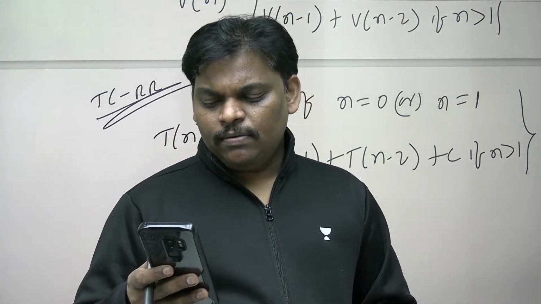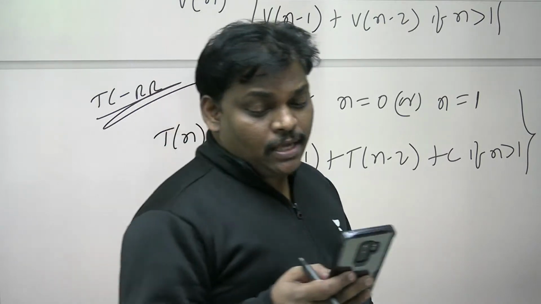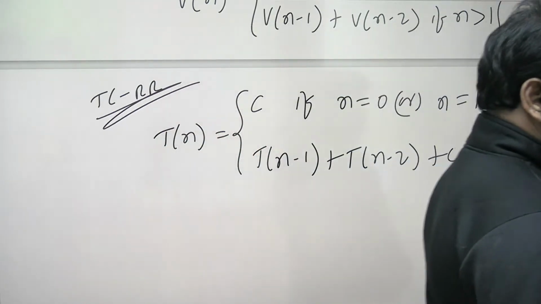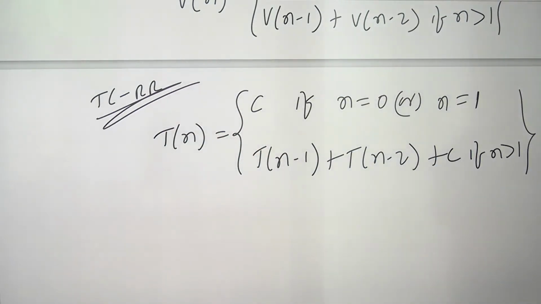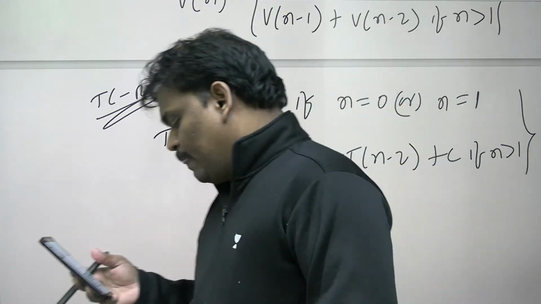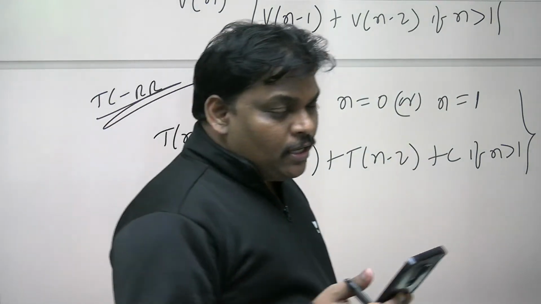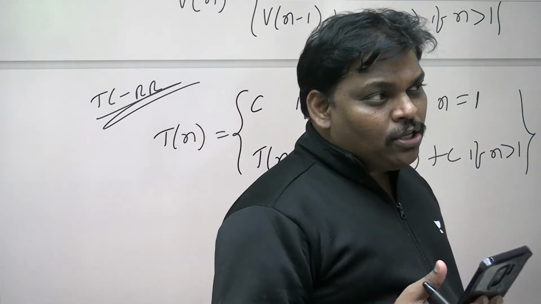Let's check. T(n minus 1), T(n minus 2) plus C. Anjali, you cannot say no time complexity. Plus C. You cannot say nothing in the else part.